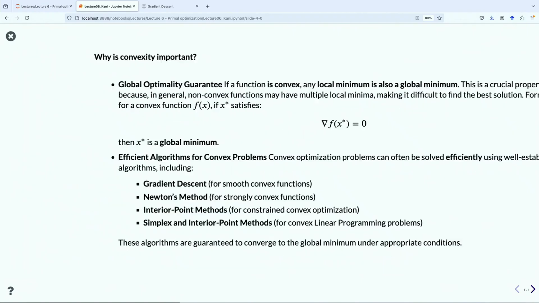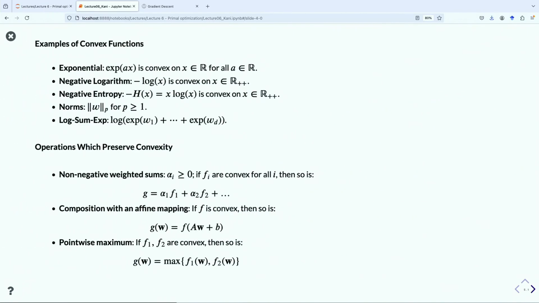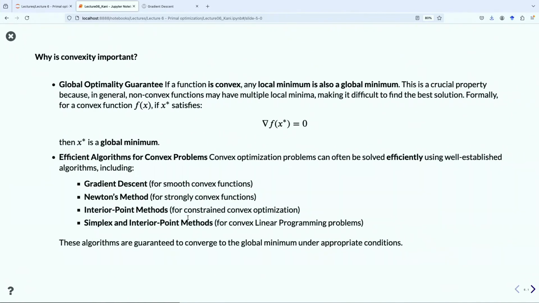So knowing that, going back here, keeping in mind that these linear compositions are convex, it means that linear models are very nice for AI, for optimization.